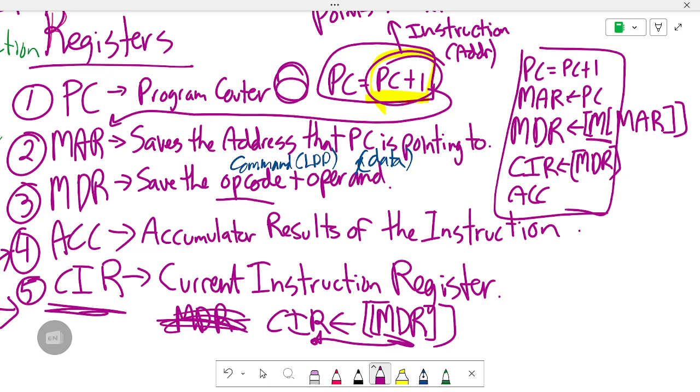Cool. Any questions about assembly? I gave you those little tables. There will be a table on paper 1. That's it. This is just the knowledge part that you need to know.